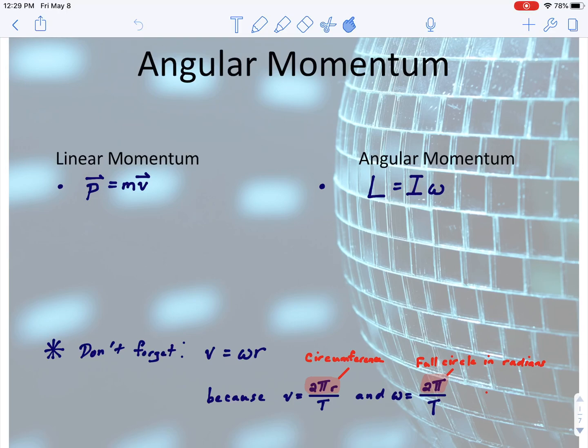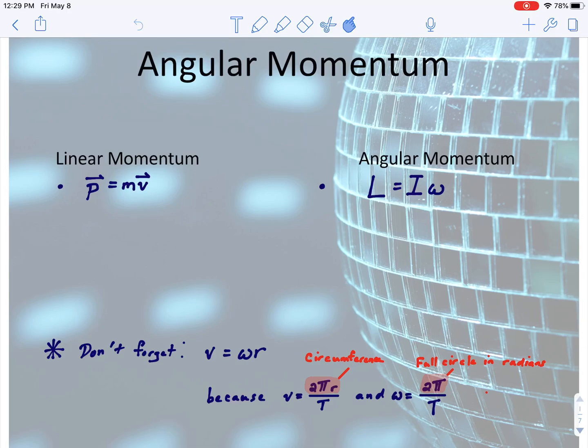But back to this. Knowing that linear momentum equals mass times velocity, we can also talk about an equivalent idea in the world of rotation, angular momentum. And just as it made no sense to use the letter P to represent momentum, we are going to use the letter L to represent angular momentum, in this case, a capital L. And similar to what we've been doing before, instead of just looking at the mass of the object, we are going to look at I, the rotational inertia of the object.